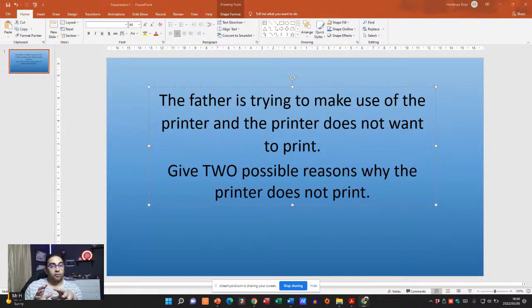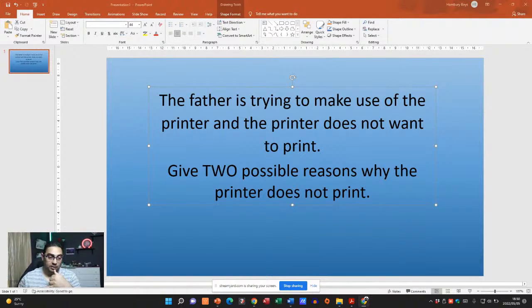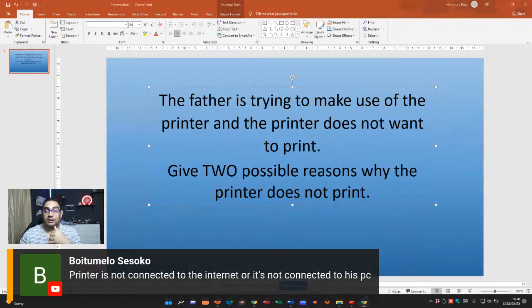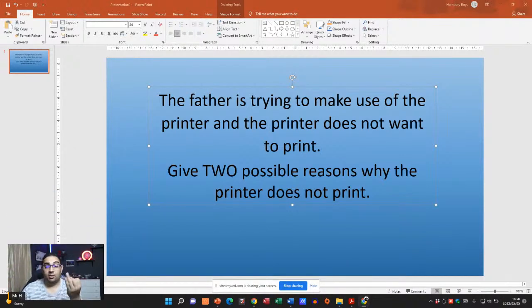Now, I'm going to give you 3 or 4 answers that they gave in one of the memos for this. So it could be any two, right? The printer cable to the computer is not connected, which is what most of you did mention. The ink cartridge is empty. There's no printing connection available, and he could have chosen the wrong printer.